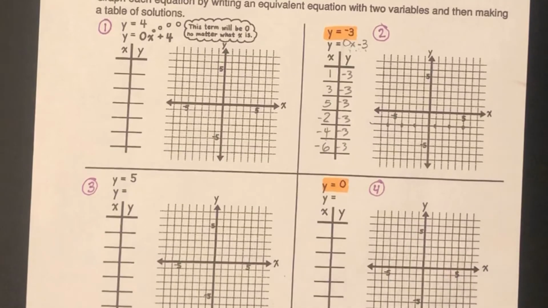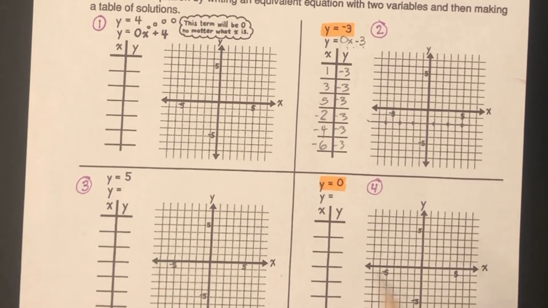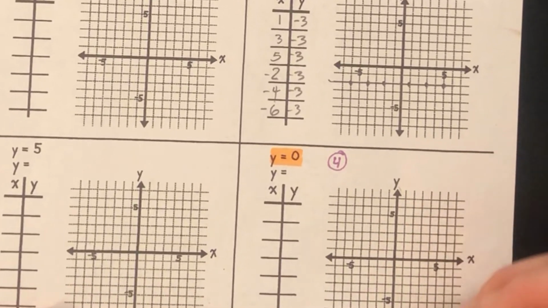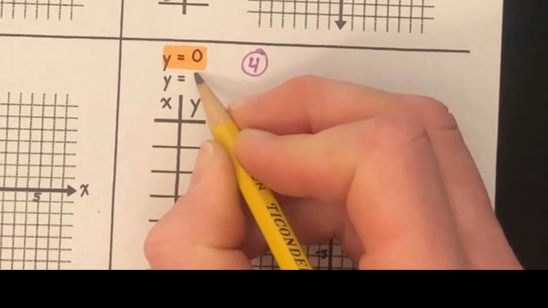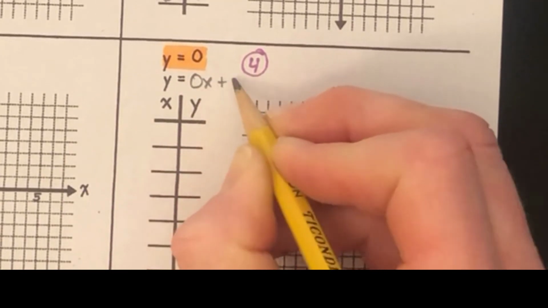At number 4, y equals 0, so y is always going to be here. So you could put 0 times x plus 0.